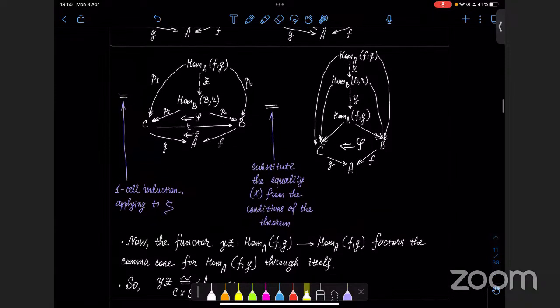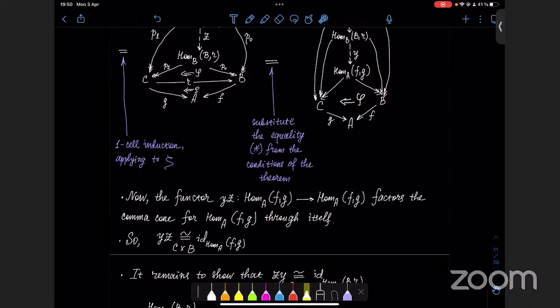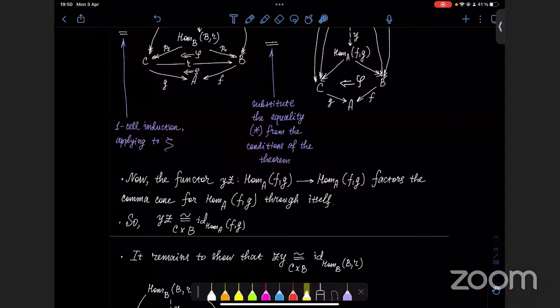You know that this factorization is unique up to fibered isomorphism, and then it means that this yz is fibered isomorphic to the identity on hom objects between F and G. So we should only prove that the reversed composite is also isomorphic to the identity morphism.